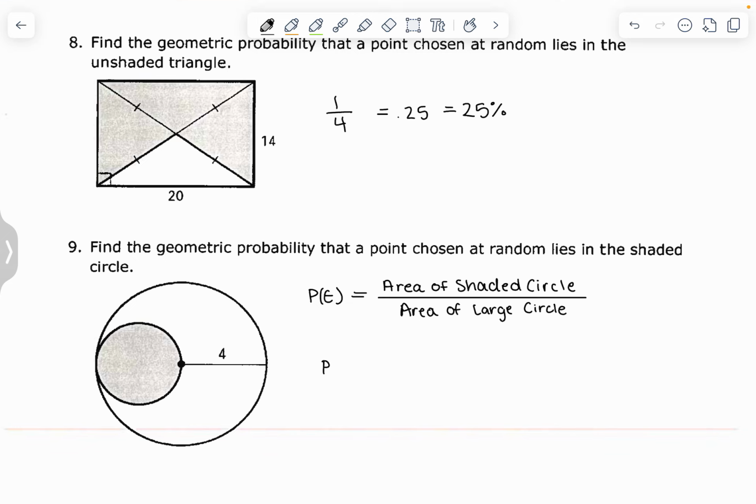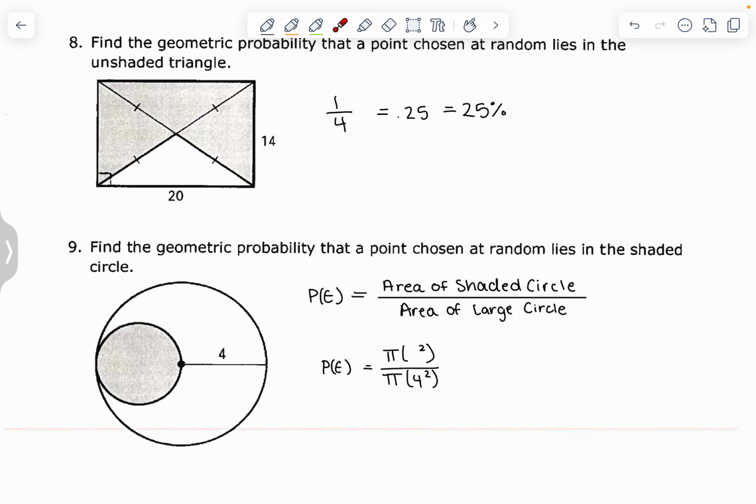And so the probability that this event occurs is pi r squared over pi r squared, where we can clearly see that the radius of the large circle is 4.